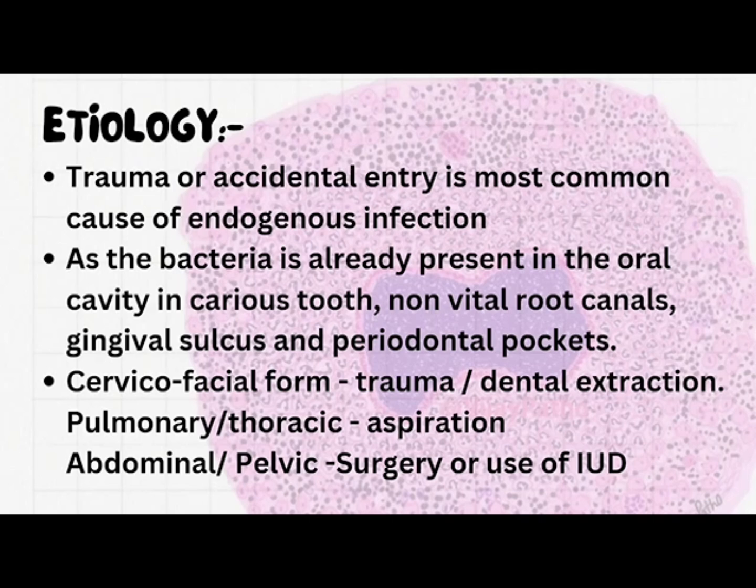The cervicofacial form can be caused due to trauma, dental extraction, or any kind of accident or blood exposure. The pulmonary or thoracic form is acquired due to aspiration of the bacteria. The abdominal or pelvic form can be acquired through surgery or use of an IUD when aseptic conditions are not followed.